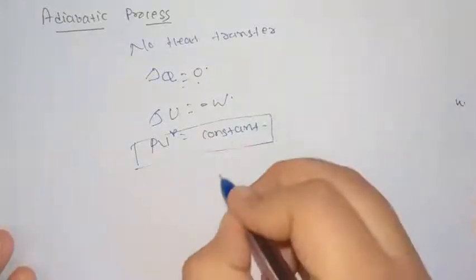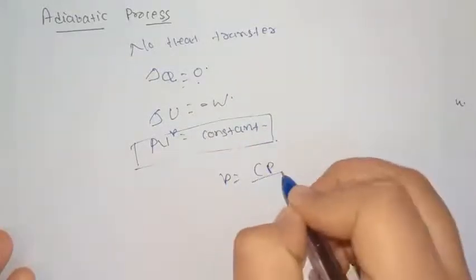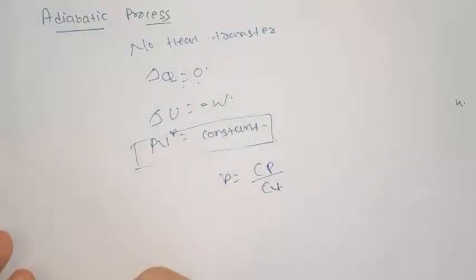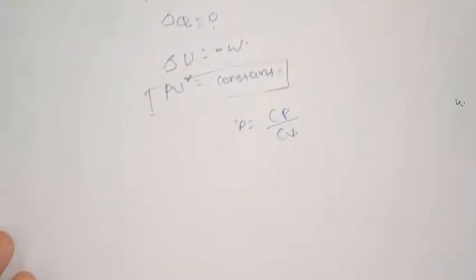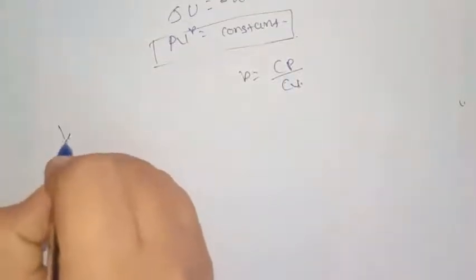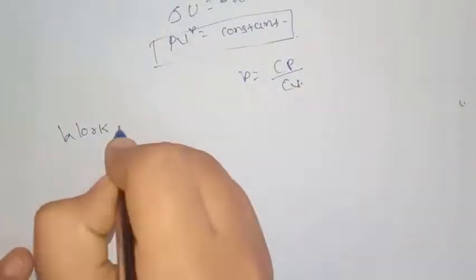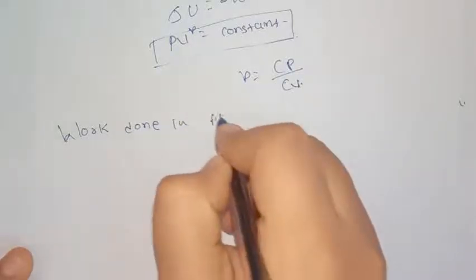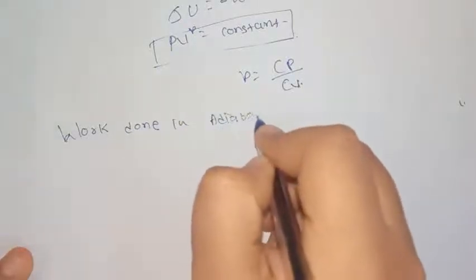Here gamma is the ratio of specific heat at constant pressure to the specific heat at constant volume. Now, let us find the work done in an adiabatic process.